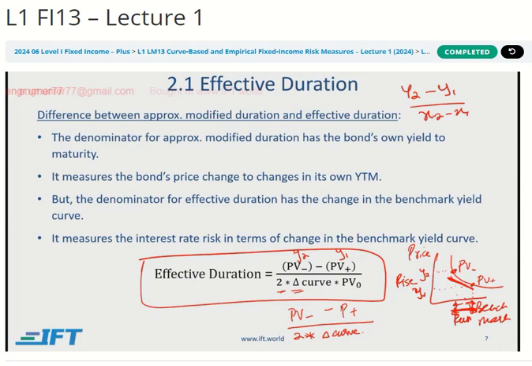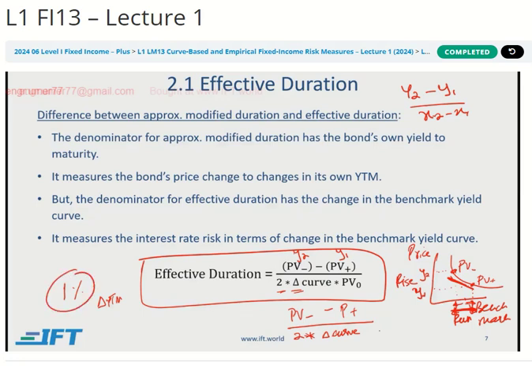But then, as you remember, duration is for a 1% change in YTM, giving you the 1% change in price. So again, this is not YTM that we're dealing with, we're dealing with the curve over here. But either way, we want it as a percentage of price.